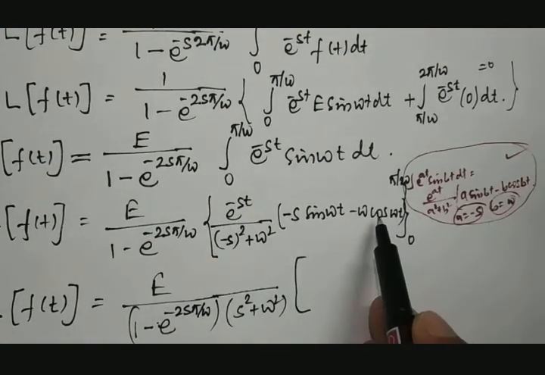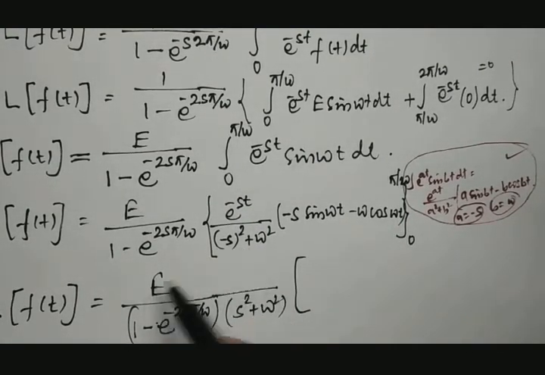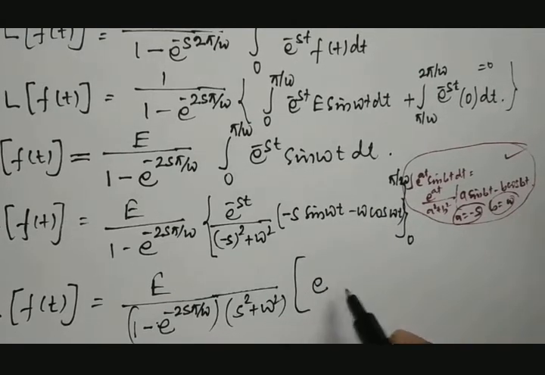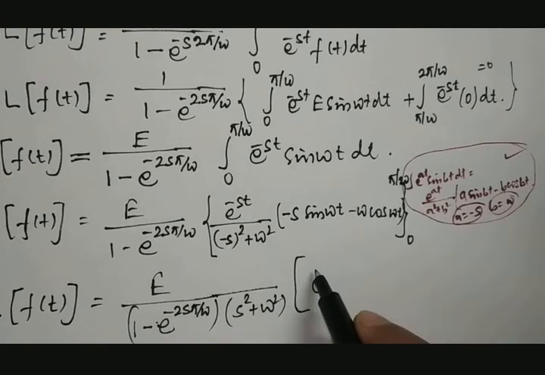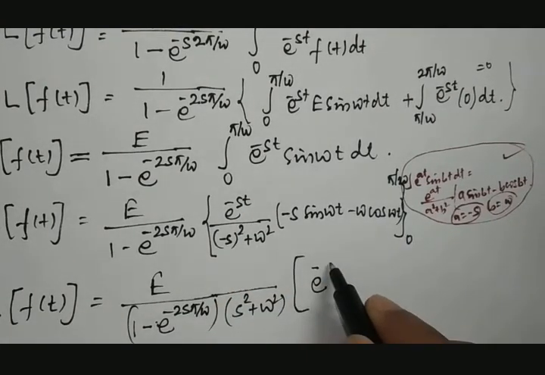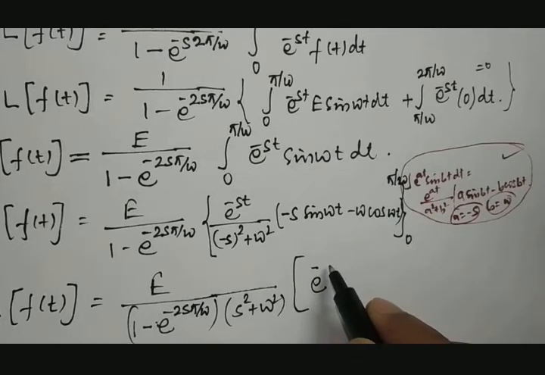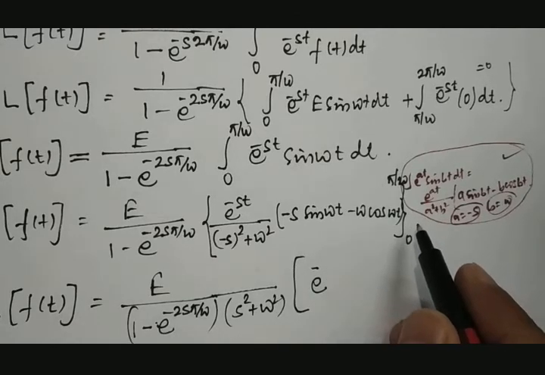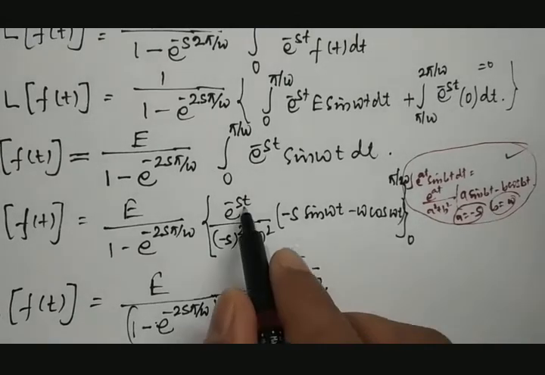E raised to this overall. This is taken out. Substitute upper and lower limit. If you substitute upper and lower limit, it becomes e raised to minus, in place of s we are substituting pi by omega, then it becomes pi t by omega.